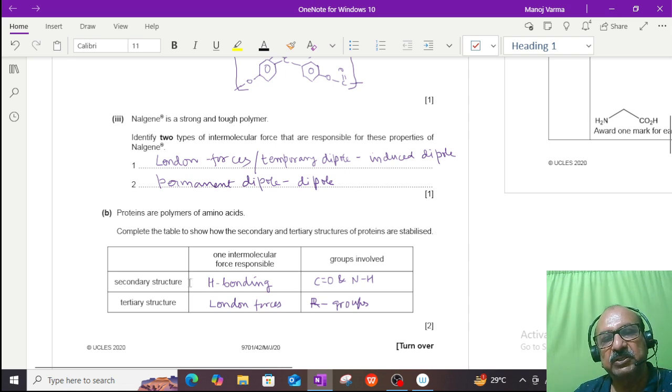So the secondary structure is actually stabilized due to hydrogen bonding, which is present between the C double bond O and the NH group, which is present in the peptide linkage, which is formed between the amino acids in the proteins, and CO and NH are polar groups, and H is bonded to the strongly electronegative element nitrogen, so it is ready to be hydrogen bonded with the hydrogen to the negative oxygen of the carbonyl group, and this is how the hydrogen bonding will take place.